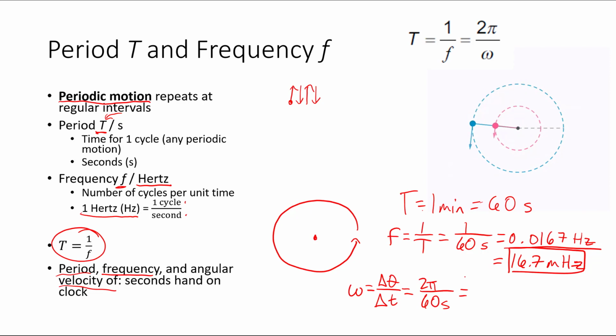So it's just going to be 2 pi over 60, which is 0.105 radians per second. And so you might be able to see that omega and f are closely related, because each of them tells us about how quickly we go around the circle. In fact, they're proportional to each other just by this factor of 2 pi.